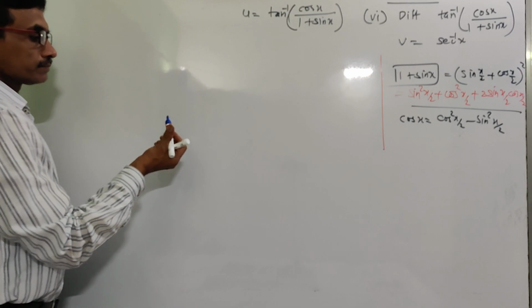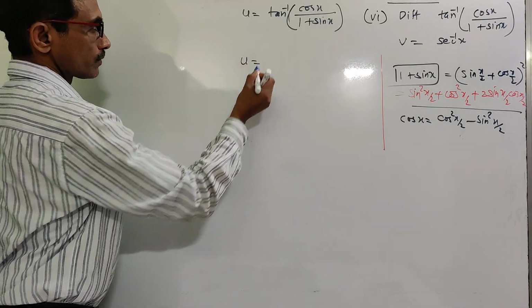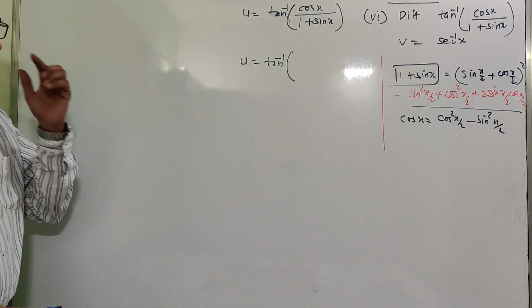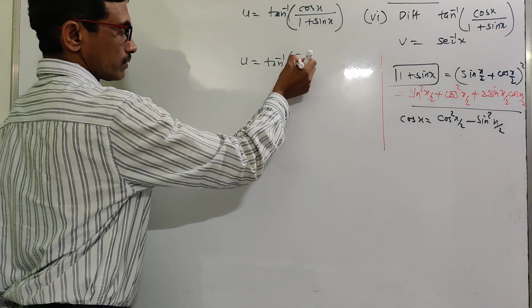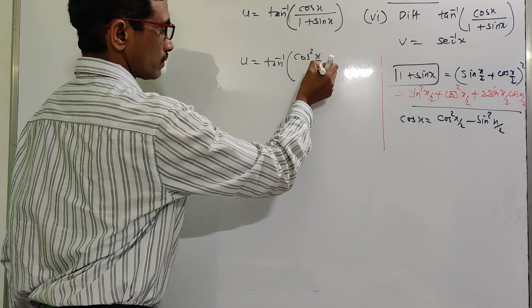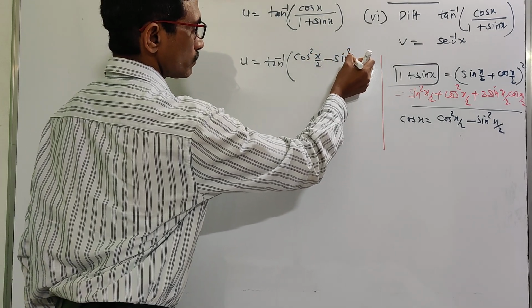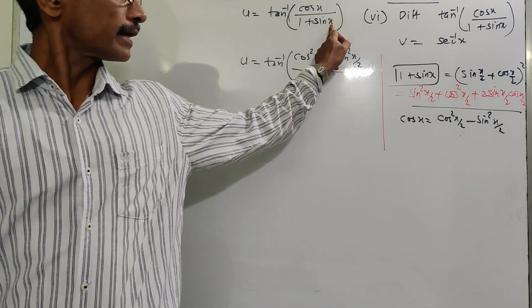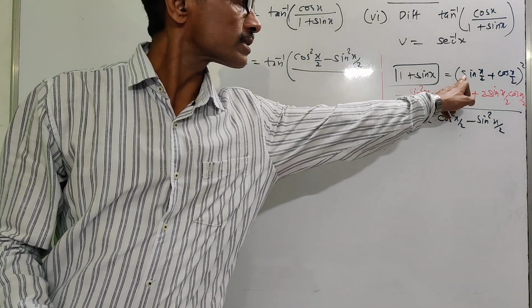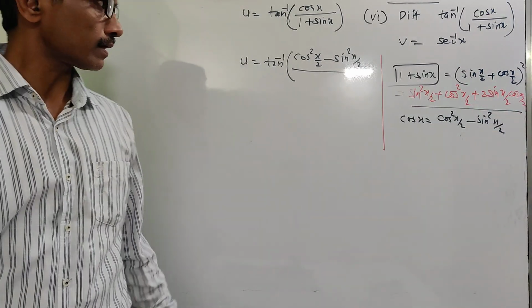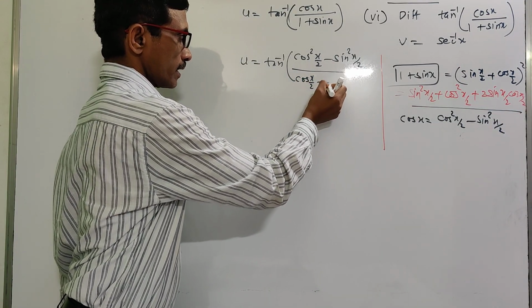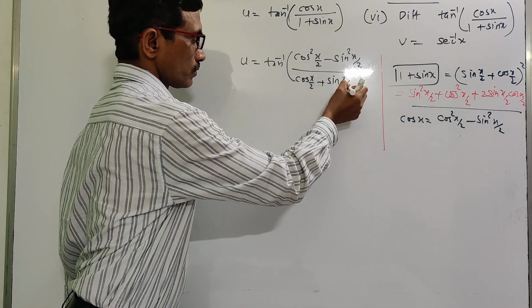So u is equal to tan inverse of cos x, which is cos square x by 2 minus sin square x by 2, upon 1 plus sin x, that is cos x by 2 plus sin x by 2 whole square.